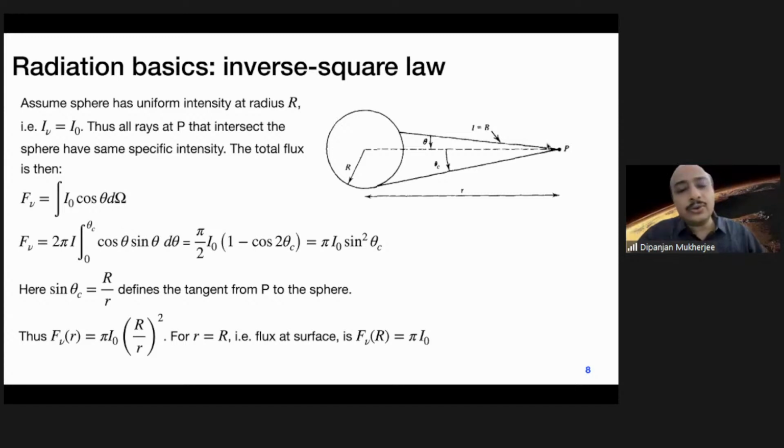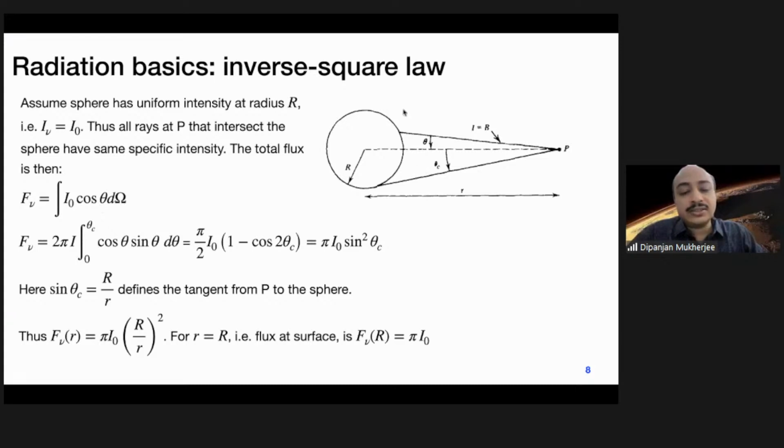But as we all know, the total flux falls off as 1 by r square. So what's happening here? That is what we are trying to address. Given that intensity is constant on the surface of the sphere, let us try to find the total flux at this particular point P. Using the basic definition of flux, you integrate over all the solid angles I naught cos theta d omega.